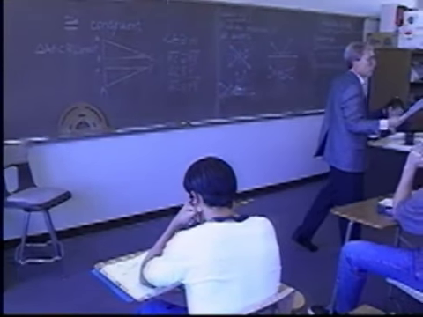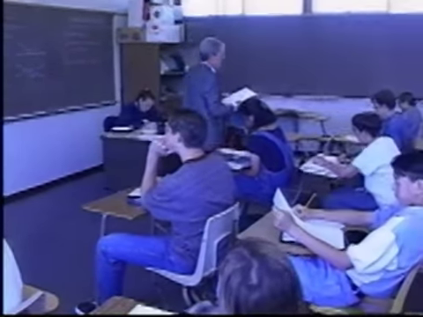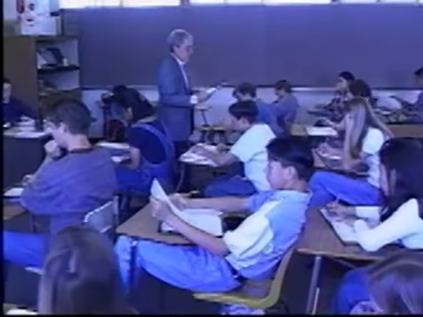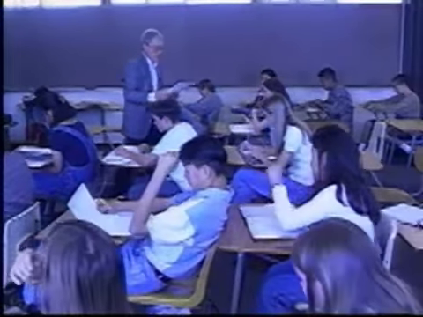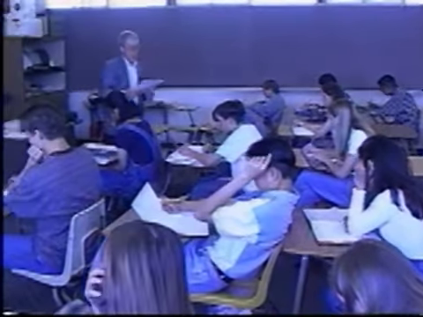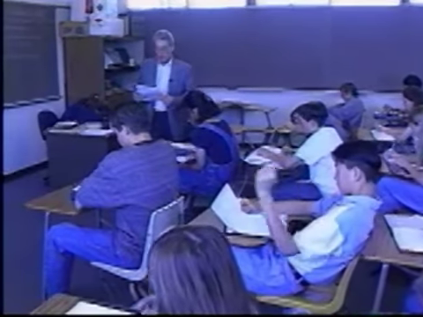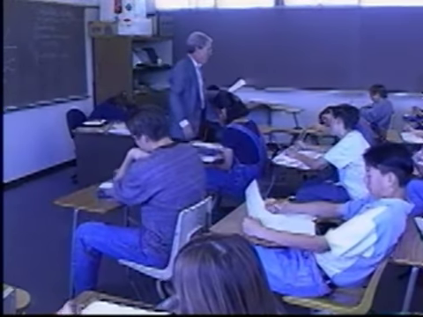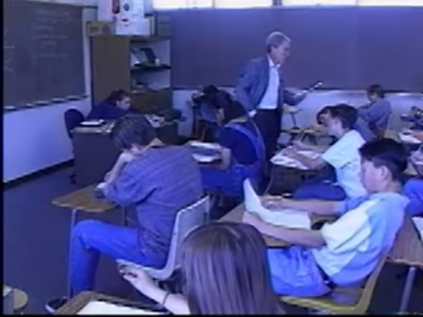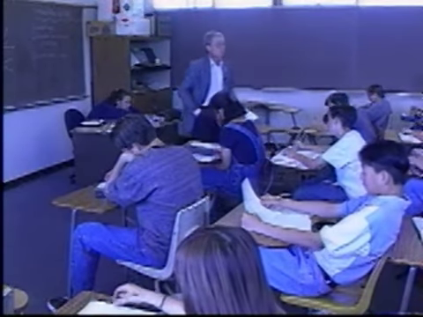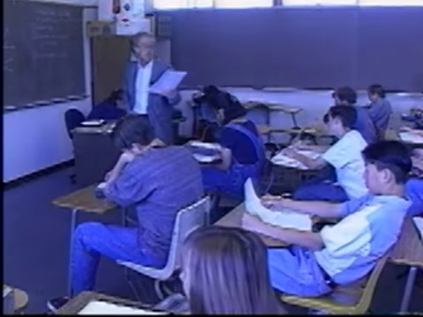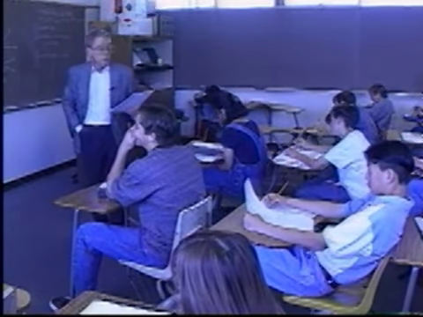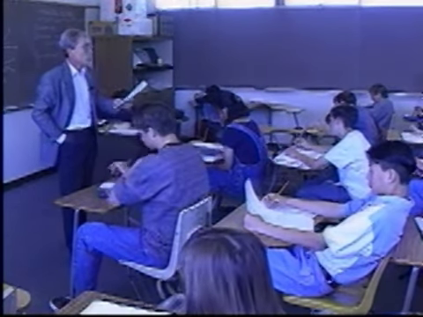Similar to your warm-up, look at the figure on the right and find the measure of each angle. If angle 3 is 120 degrees, and angle 3 and angle 1 are vertical, what must angle 1 be equal to? 120 degrees. What can you tell me about angles 2 and 3?